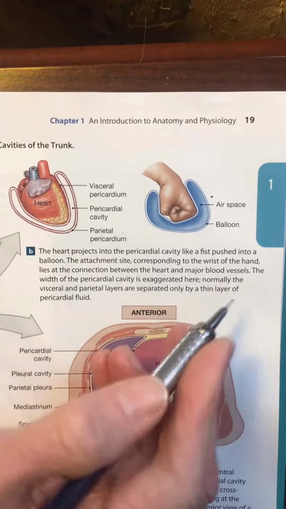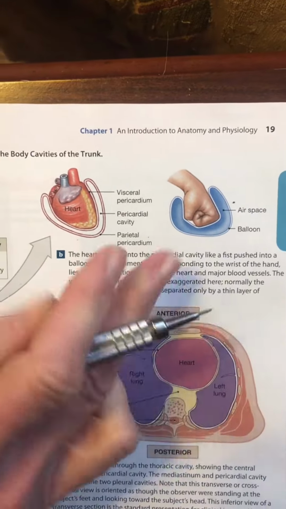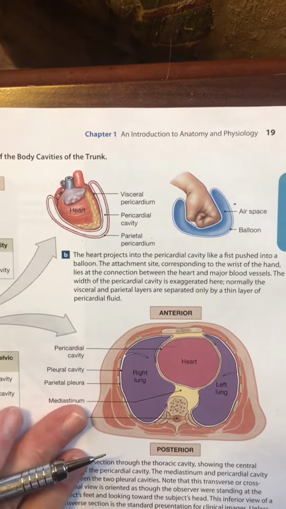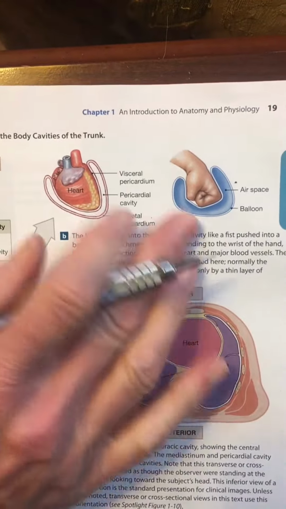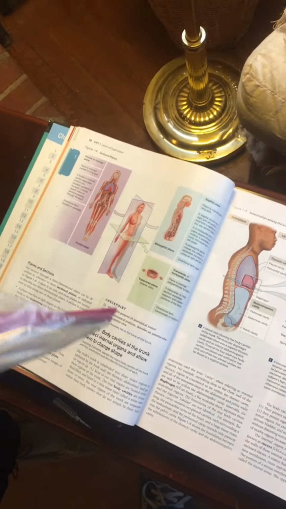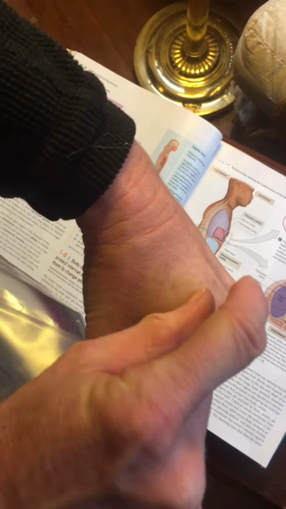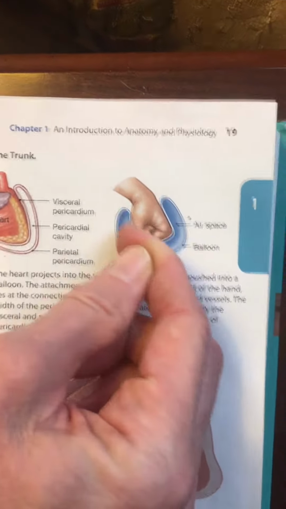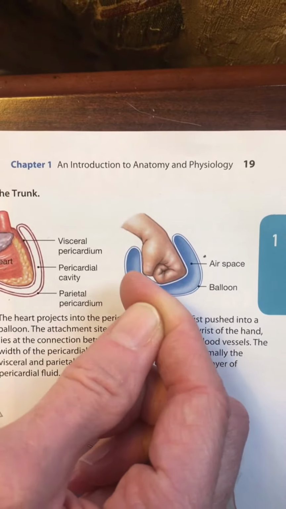And this is an example from the book, and they're using a similar example to the one I did with the Ziploc bag, but they're using a balloon. They're taking a fist and using it as an example of the heart, and they're covering it with a balloon. They're having the person stick the fist in the balloon, and they're saying that the part that's close to the fist, since the balloon has now deformed around it, is the visceral part, and the part on the outside is the parietal part, and the space in between is the pericardial cavity.